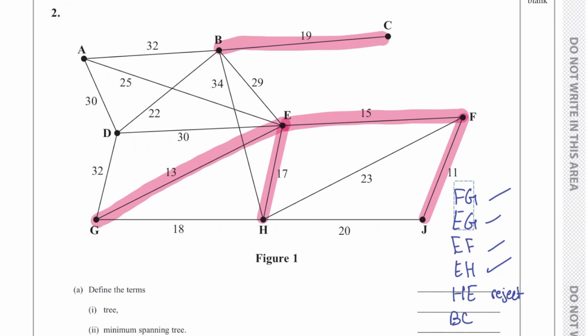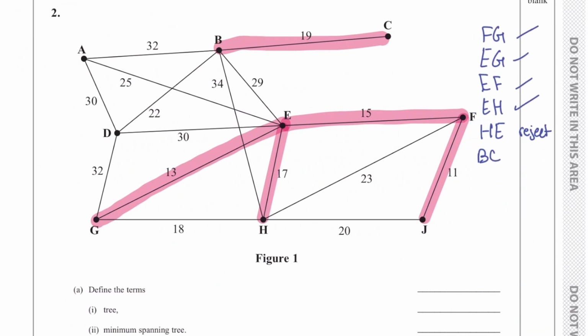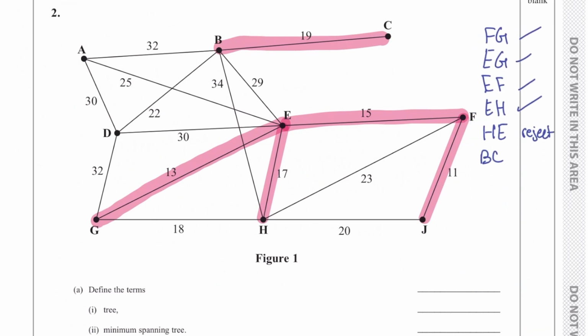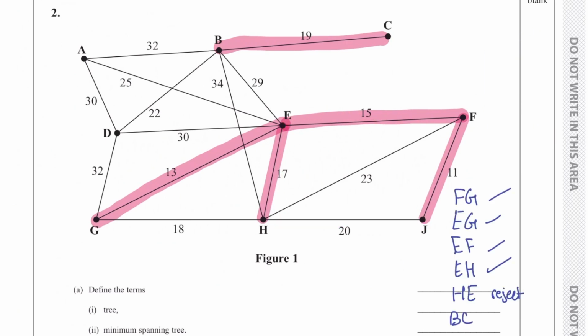Let me just put them here. Okay, so we're going to accept BC. Then we want to find the next smallest one, which is going to be this HJ over here. We are going to reject this one because it also forms a cycle between E, F, J, H, and E again. So we cannot accept this one, so we're going to reject it.